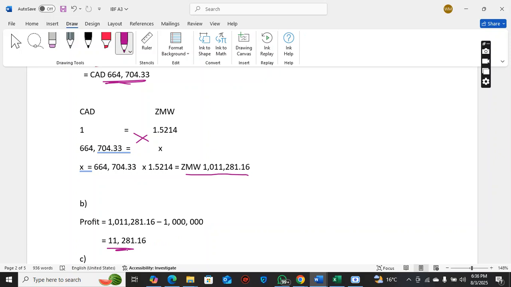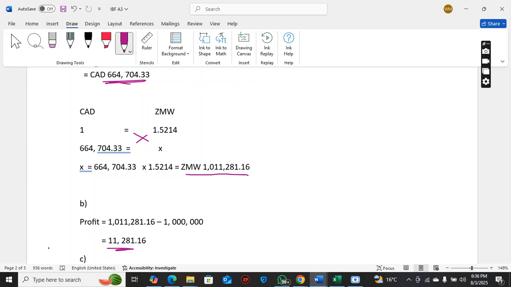That is the profit. And this is where the arbitrage has happened. He's made a profit by taking advantage of the different exchange rates, by converting one currency to another currency, then back to another currency, then back to the kwacha.